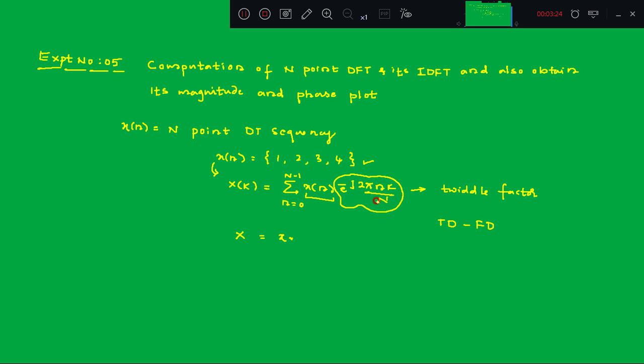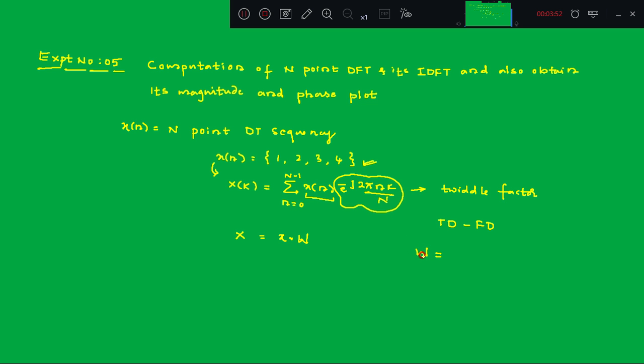The values you will get are complex, whereas x of n is a real valued sequence, all the elements present in the sequence are real valued numbers, but the Twiddle factor contains complex values, right? And these complex values can be written in matrix form, and that is denoted by capital W, right? So what is capital W?